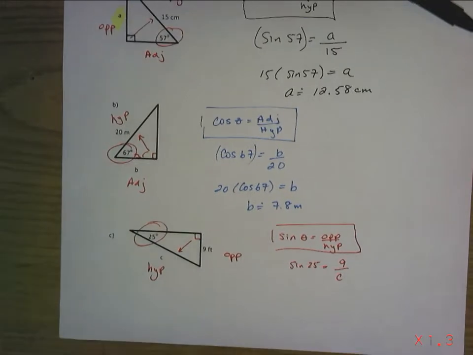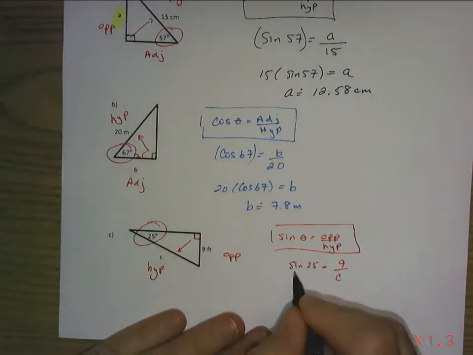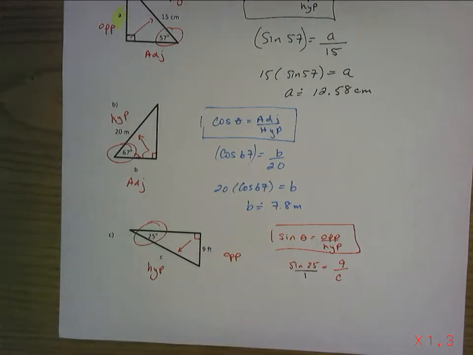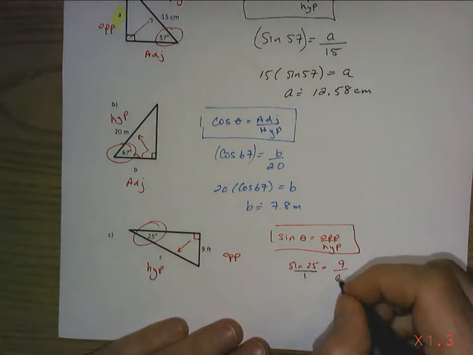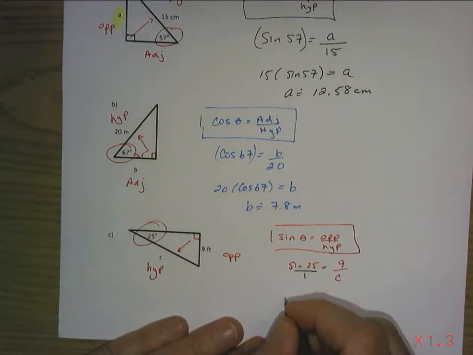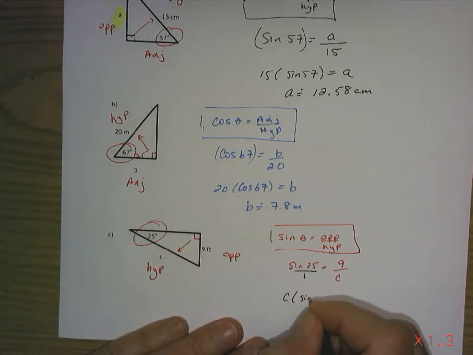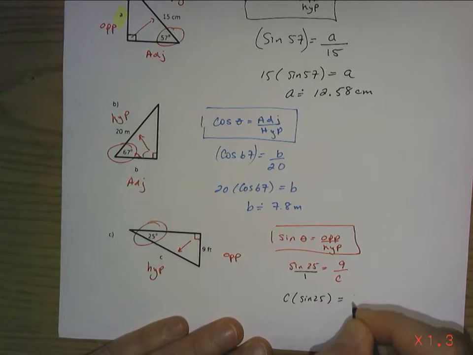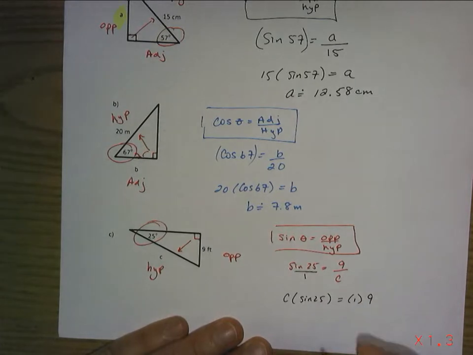Now you and I have talked about a couple of different ways of being able to handle this. One of them is to realize that sine of 25 is all over top of 1 and cross multiply. So the c comes up here. So it's going to be c times sine of 25 equals 1 times 9. Divide both sides by sine of 25.